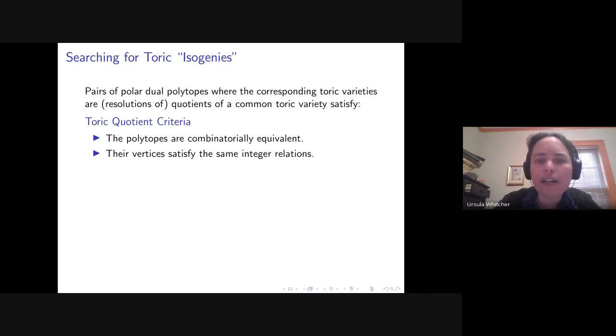So you could ask, where can I find this kind of finite quotient relationship in more complicated situations? One thing that you need here is combinatorially equivalent. You also need a slightly stronger relationship, which is we need the same integer relationships between the vertices.